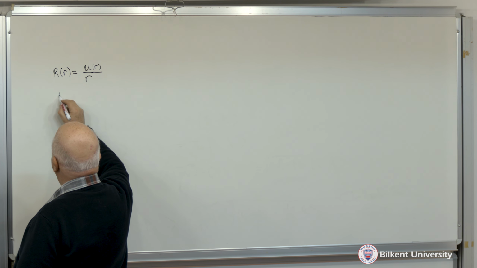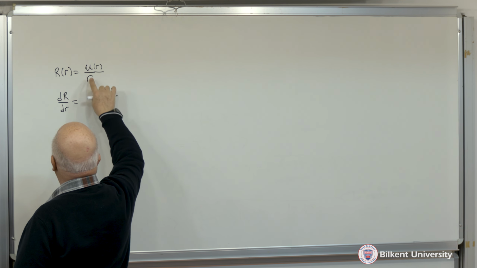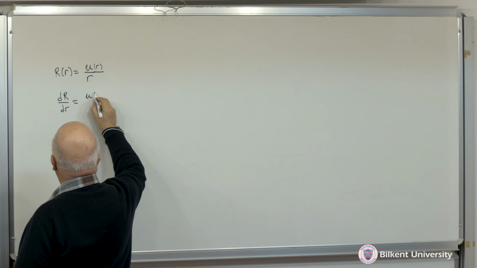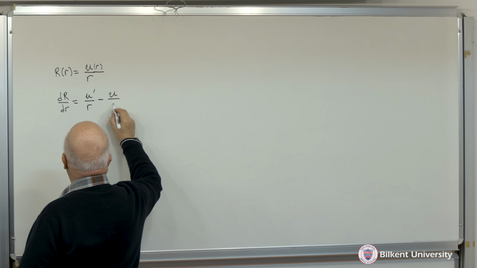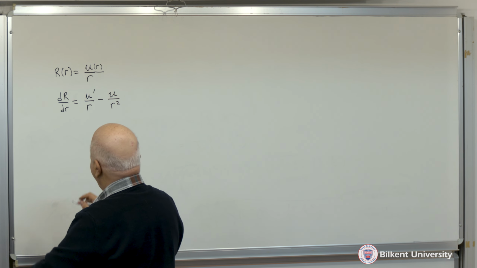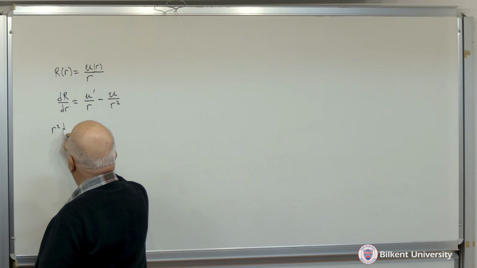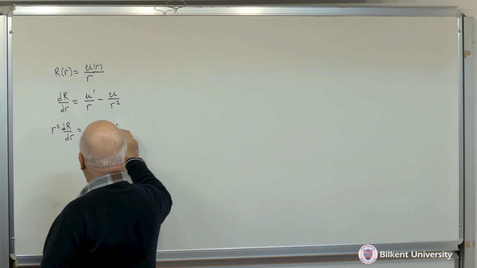So dR/dr is going to be u prime over r minus u over r squared. Very good. But I'm also multiplying by r squared, so r squared dR/dr is r u prime minus u.